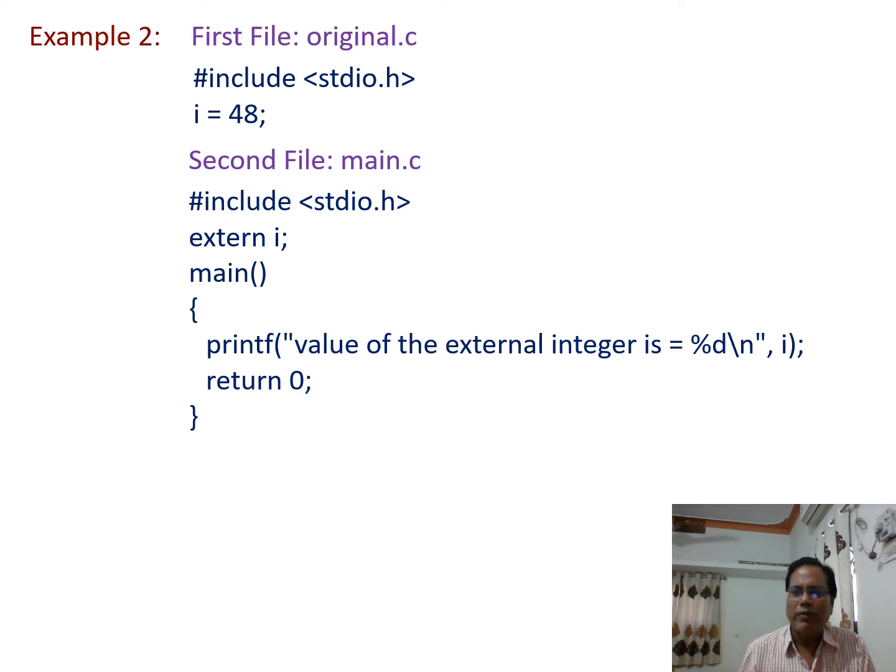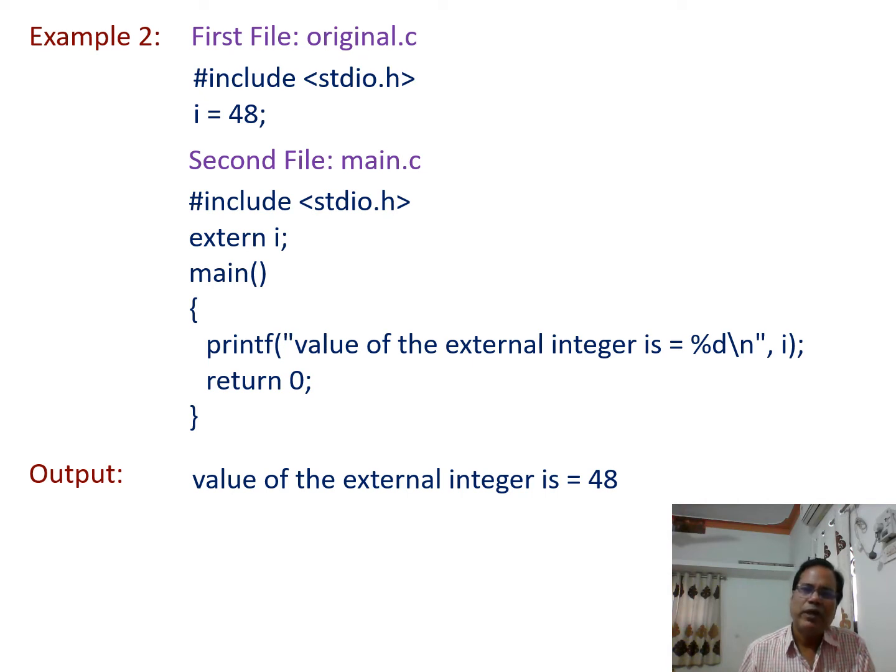At this point the value of i gets printed, and the value of i is 48. It is initialized in the file original.c, so that value gets printed at this point. So when we run this program, we get the value of the external variable as 48.